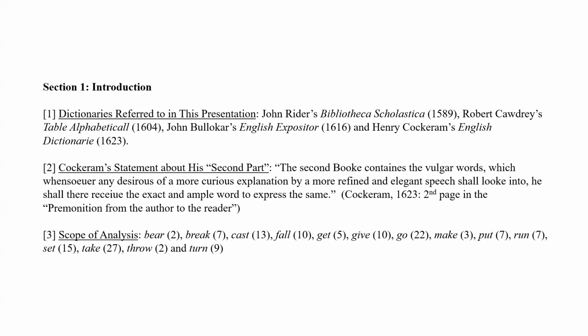Besides, in performing this practice, he is regarded as not having often referred to, or rather having hardly referred to, the English-Latin dictionary as the one included in John Rider's Bibliotheca Scholastica, 1589, which had usually been thought to be an essential reference book for Cockeram to compile the second part.